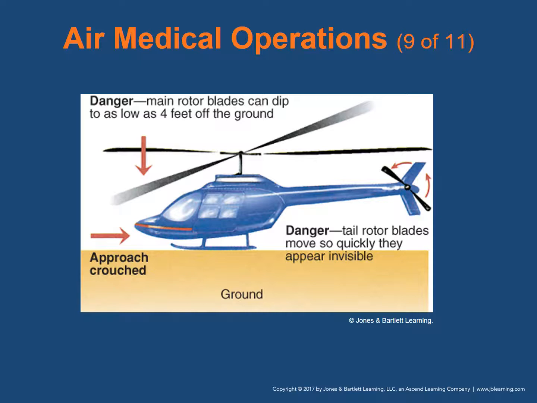But on the smaller helicopters, the rotor blades while spinning might be anywhere from 6 or 7 feet. So you want to take that precaution and understand that the main rotor blades can get that low. Of course, do not approach the helicopter from the tail end. Don't go anywhere near the tail section of the helicopter.